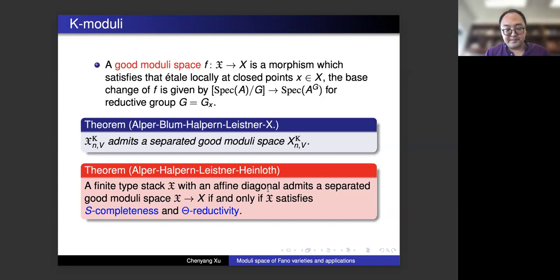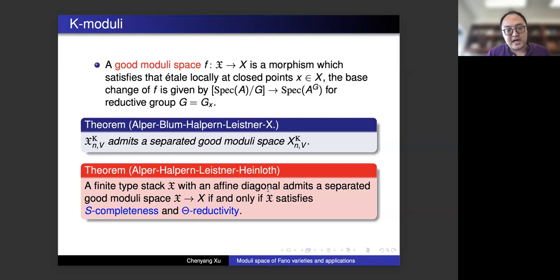And our theorem says that my stack of K-semistable Fano varieties does admit a good moduli space, which is separated. So this is, I think, very special for K-semistable. It's very hard to write down a stack which has a separated good moduli space, but the K-semistable one does have one.